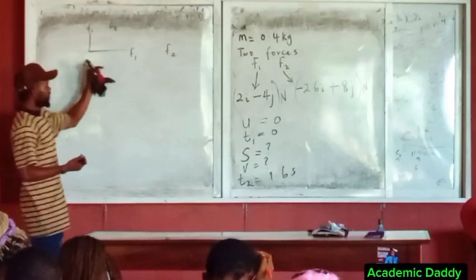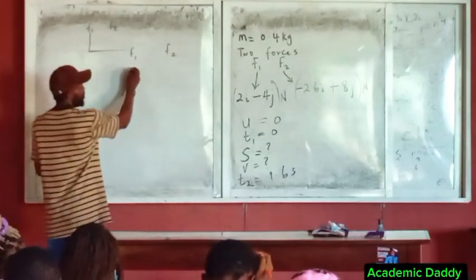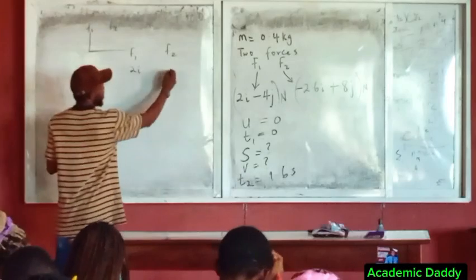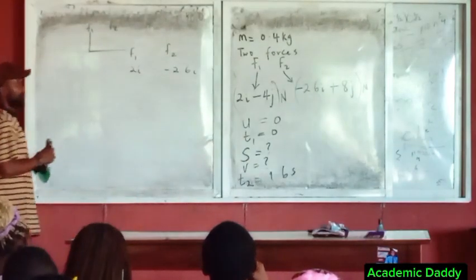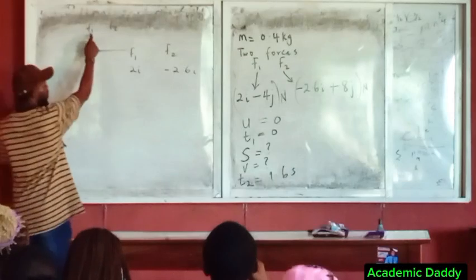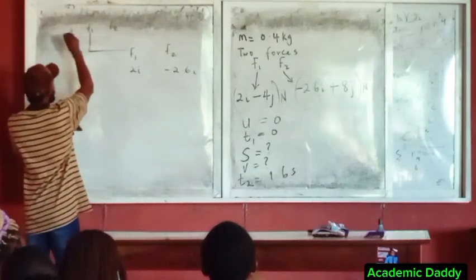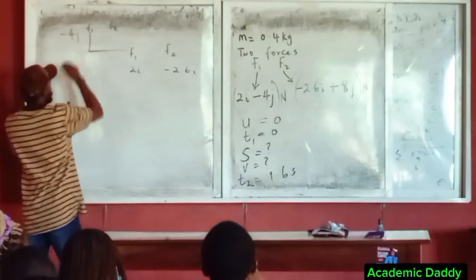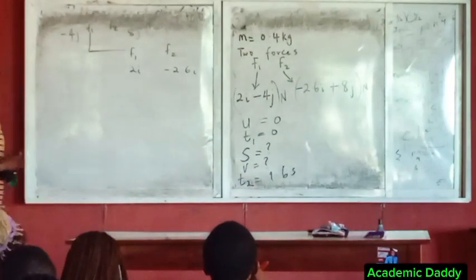So on the x-axis, i means x, should you know? So I have 2i, and I have minus 2.6i. I see it. Then on the y-axis, I have minus 4j, maybe. Then I have 8j. I see it? Yes.